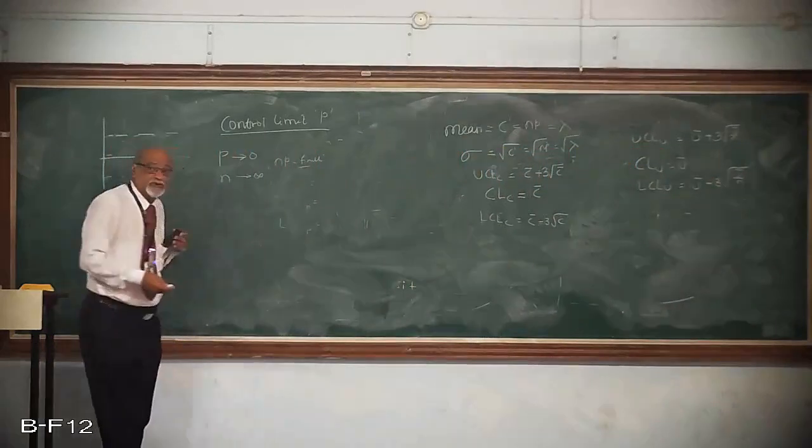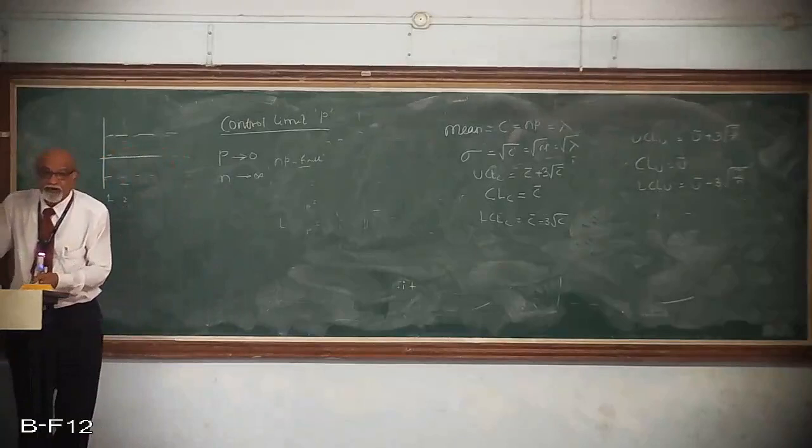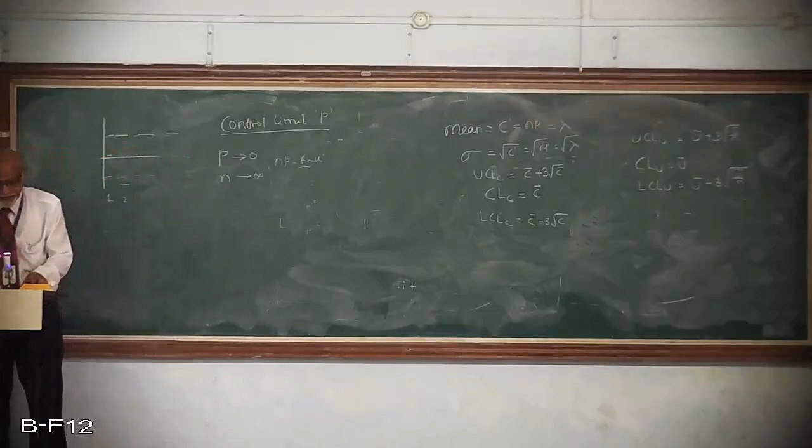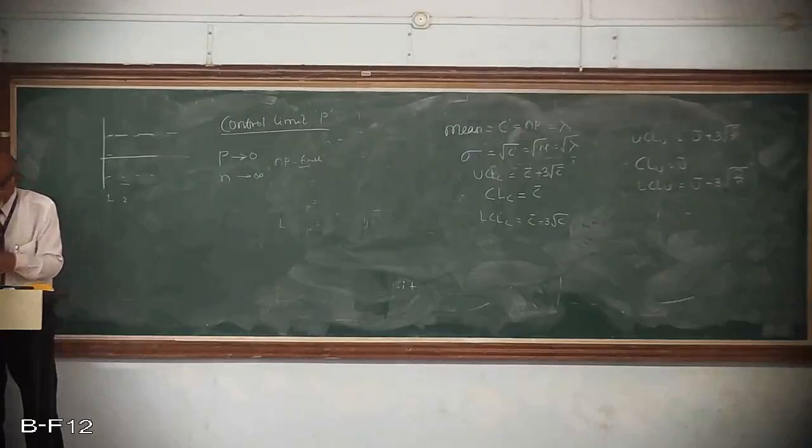Okay, is it understood? If it is understood, then we will take up the problems and go ahead. Okay, take down this particular problem. I'll start with some simple ones basically, and then we'll see some more complex types of problems.